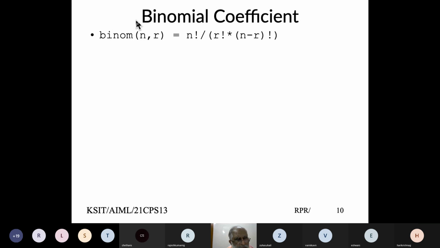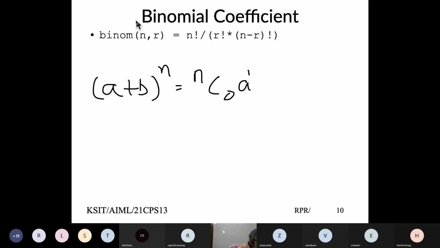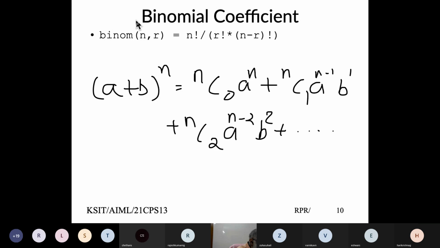Which is the same as we say, if you were to expand the expression, we know that if I were to do my binomial expansion, (a plus b) power n is basically nC0 a power n plus nC1 a power n minus 1 b power 1 plus nC2 a power n minus 2 b square plus and so on, and the last term would be nCn b power n, which basically means a power 0 here.